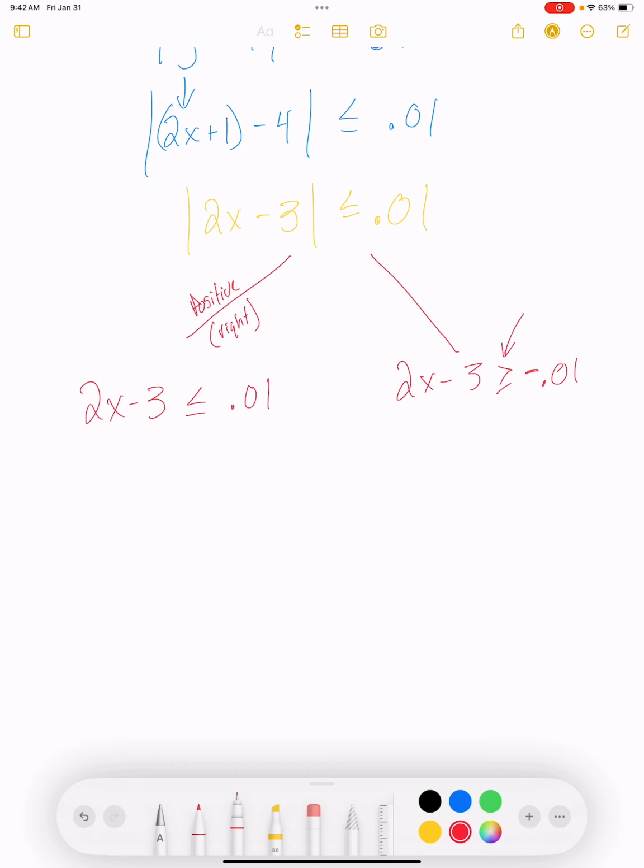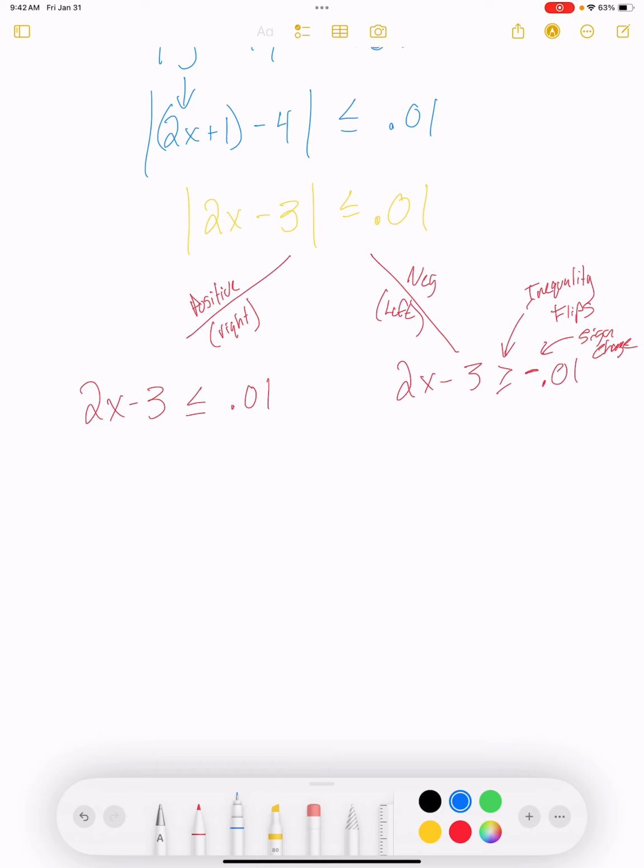So the inequality sign flips. This is the negative version, which is going left on the number line, as opposed to going right on it.